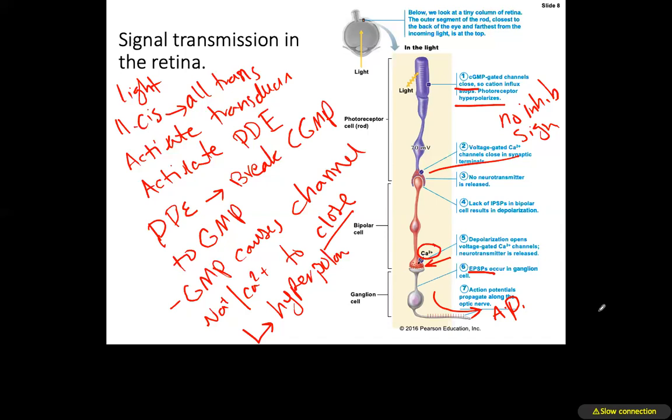Make sense of this, guys. Make connections for yourself. It is a difficult concept, but I do expect you guys to be able to say what is happening in each of these steps. Do remember, guys, that what I described to you is happening in rods.